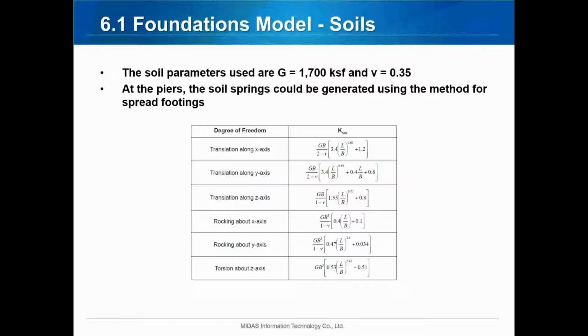We could use the general method of spread footings to come up with our translational degrees of freedom as far as the springs are concerned in the X direction, the translation in the Y, translation in the Z, and also the springs for the rotation about the X axis, the Y axis, and also rotation about the Z axis. And based on our soil properties, we can come up with our stiffness constants over there.